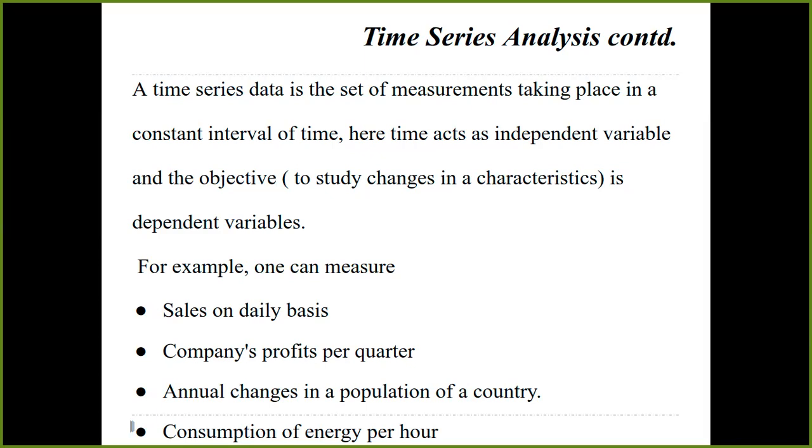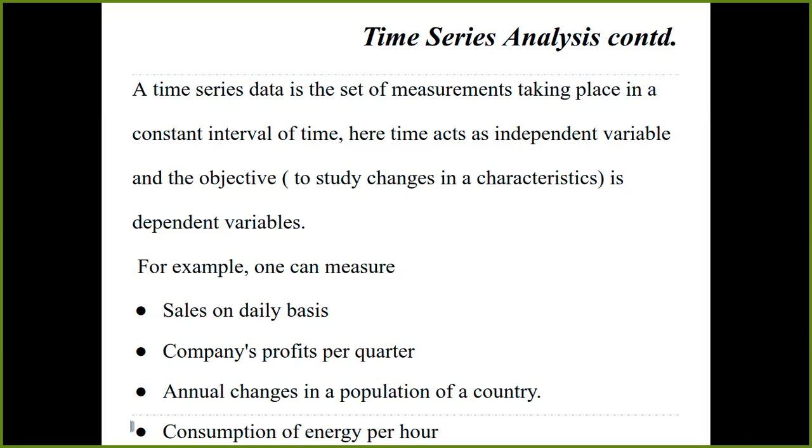Okay. Next, annual changes in the population of a country. Yes, here also with respect to the time we can say how this is increasing or how the changes are there. But time doesn't control population.